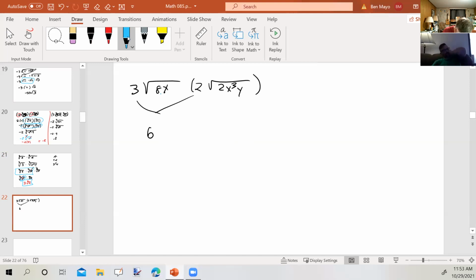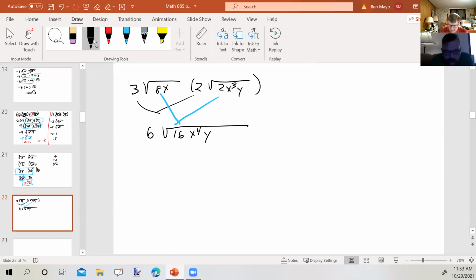I could put those together and have the square root of 16x to the 4th y. Are you okay with where I got that? So now I have 6.